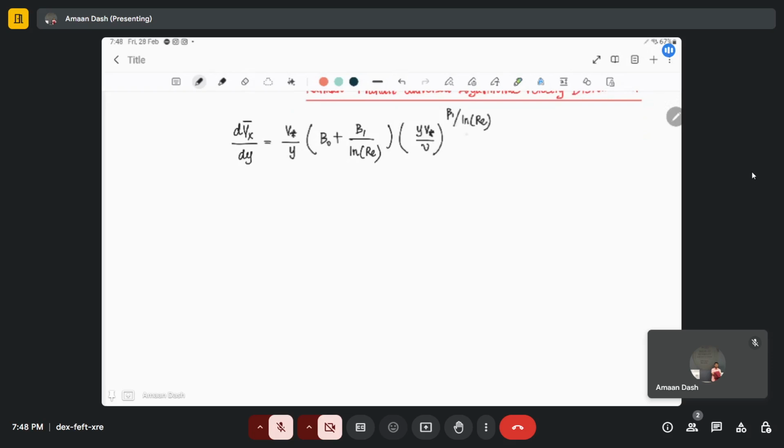So you can see that there are some powers raised to Reynolds number, some product of Reynolds number, where b0 was root 3 by 2, and b1 and these are experimentally obtained values that can be some of the modifications we can do. And beta 1 is equal to 3 by 2.